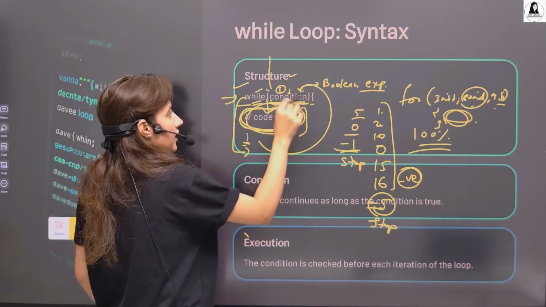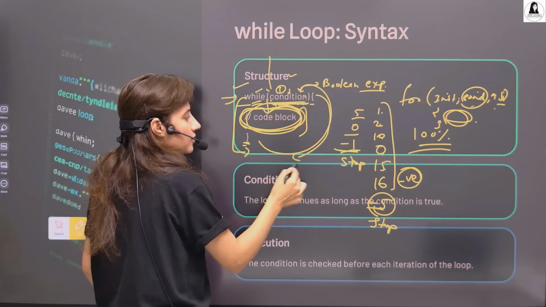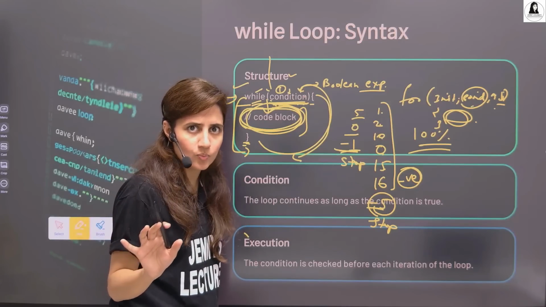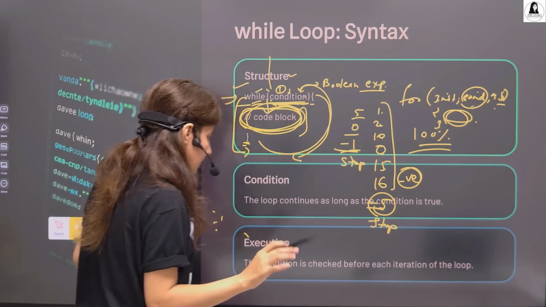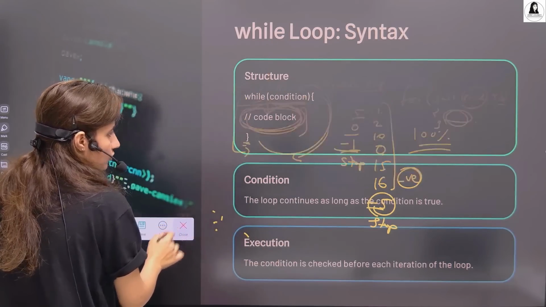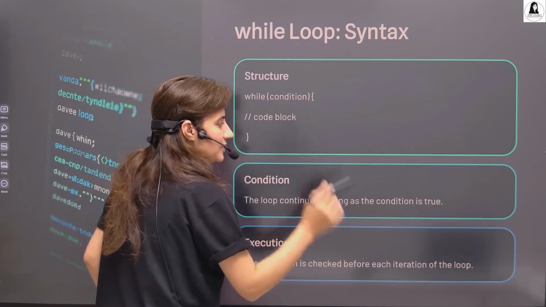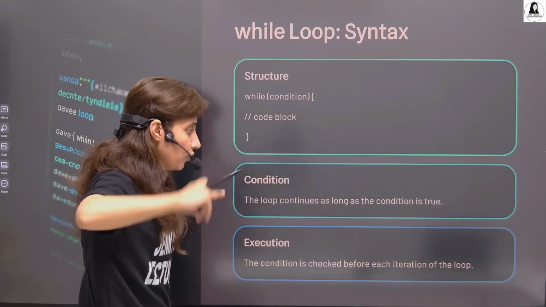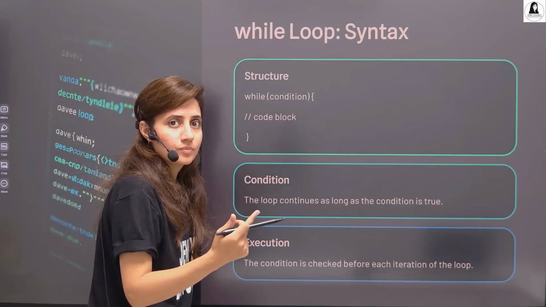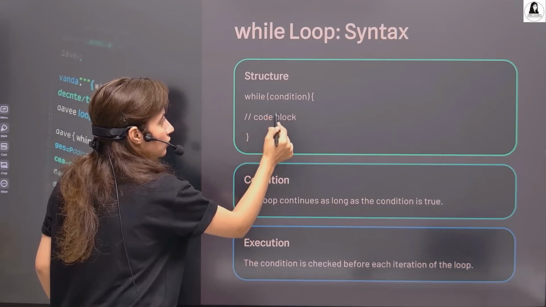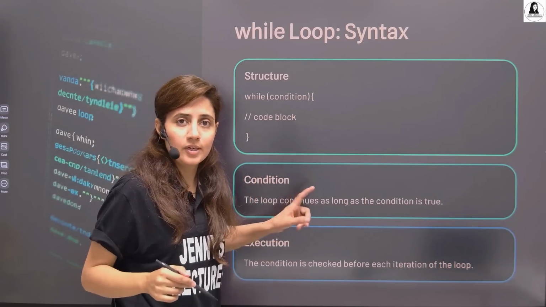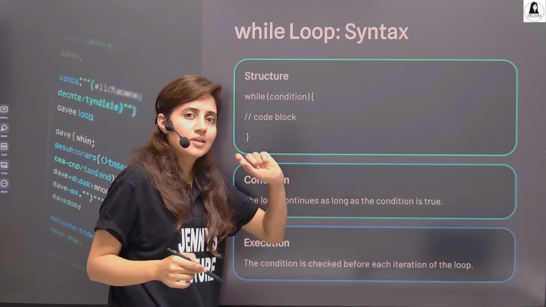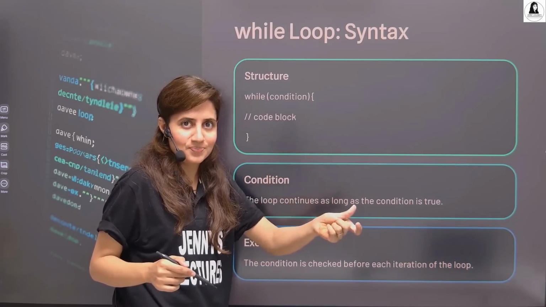And if the condition becomes false, then we exit. So this is the basic working of a while loop. It is simple, right? The loop continues as long as the condition is true. Before entering the loop body, we are checking the condition. That's why, as I told you in the previous video also, this is an entry controlled loop.